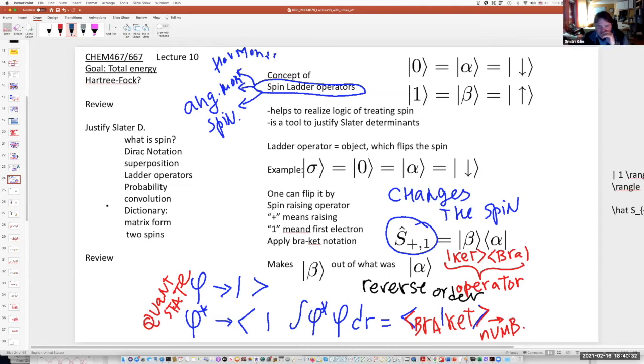So here is the wave function of spin alpha, the wave function of spin beta, and here is the operator. So this notation prompts details of the Dirac notation, which I will introduce in full detail in a second.